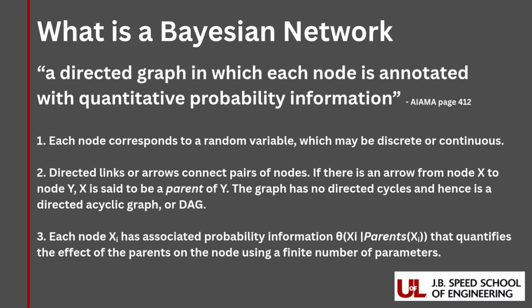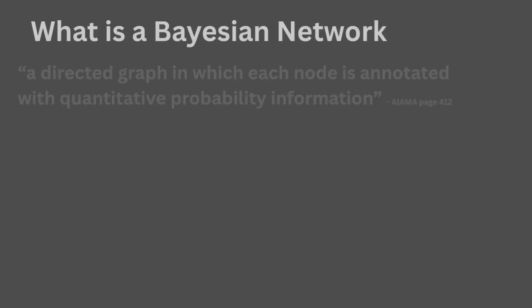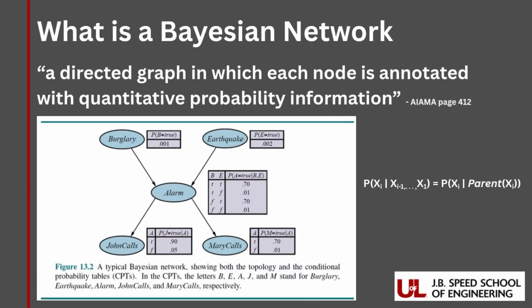And the graph is acyclic. Each node has associated probability information that quantifies the effect of the parents on that node using a finite number of parameters. So we can go back to our example and see each of those 3 properties taking place.